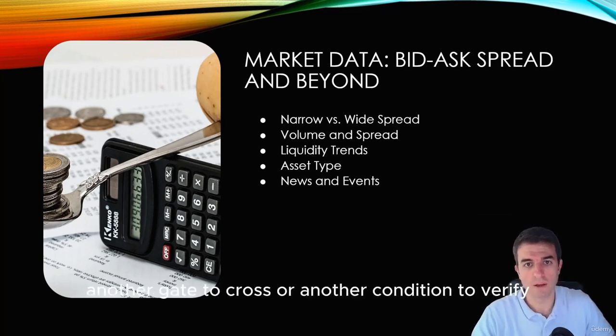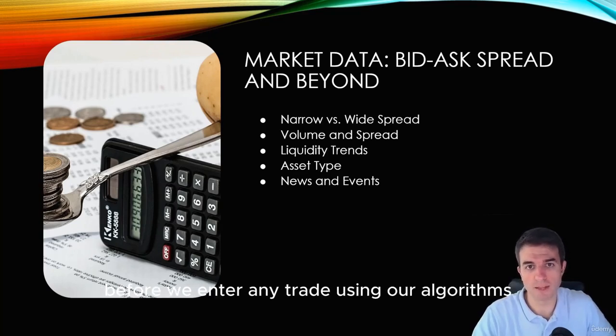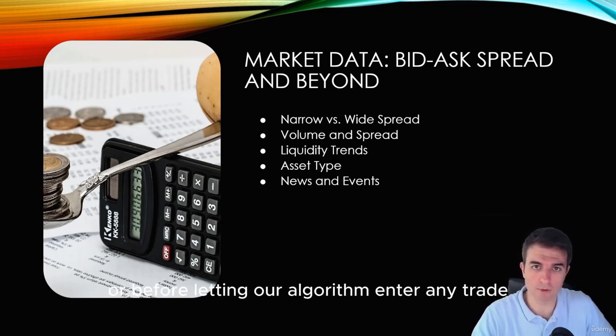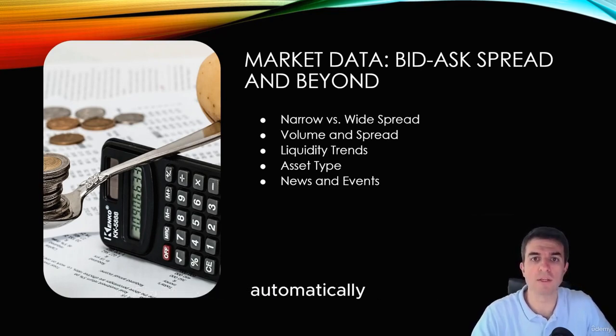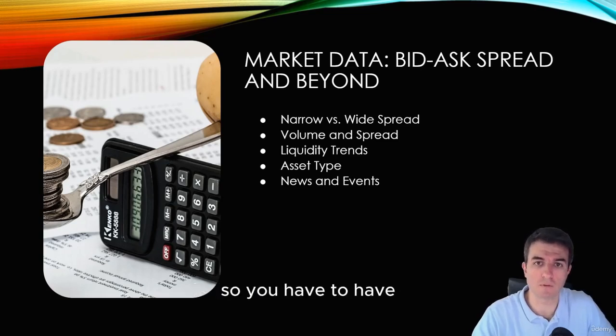Another gate to cross, or another condition to verify before we enter any trade using our algorithms, or before letting our algorithm enter any trade automatically, is the news and the events. So you have to have an eye on the calendar, or your bot has to have an eye on the calendar of the day, of the week, and so on.